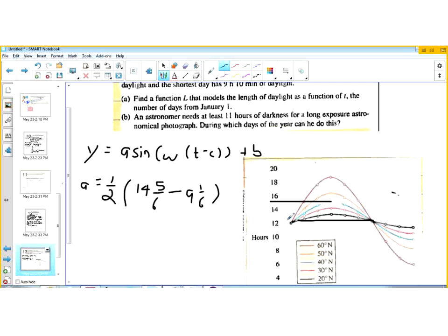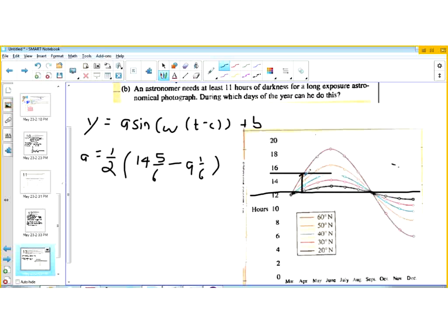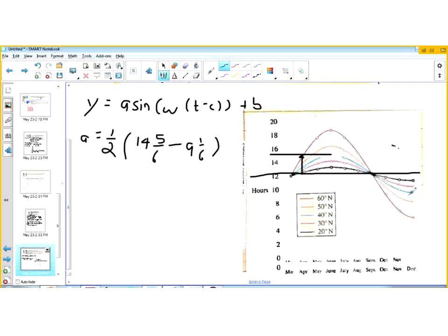Somewhere right here at 12 is your reference line, and you take this distance and this distance and find the average of these two distances. This distance is positive and this distance is negative with respect to the average line. When you do the calculations, the amplitude will be 2.83 hours. So that's the variation.